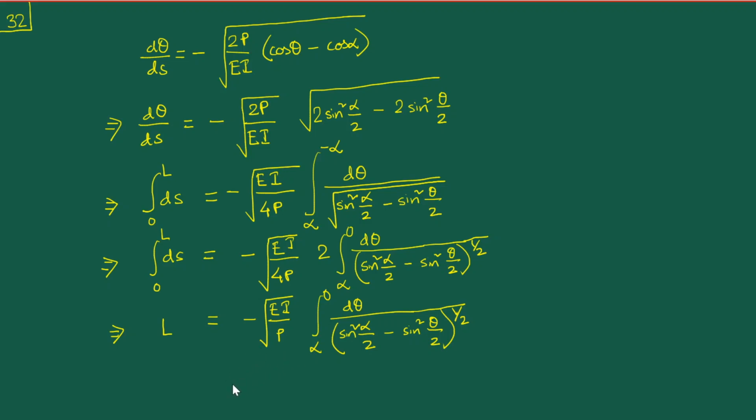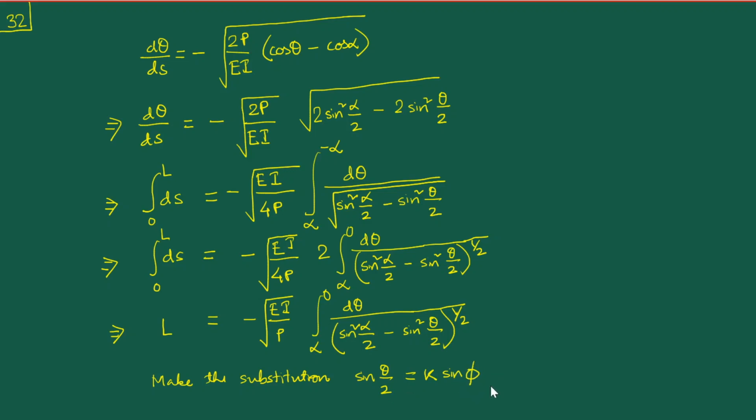So what we do right now is we make the substitution: sine theta by 2 as k sine phi.